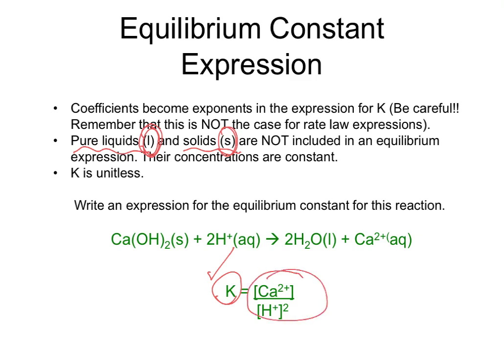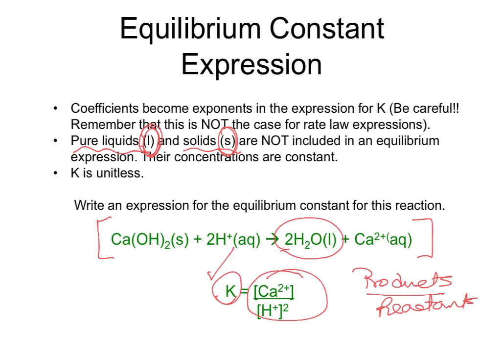All right, so for example, let's say that I gave you this balanced chemical equation and I asked you to write an equilibrium constant expression. Remember that it is products over reactants. So let's look at the products first. Okay, we have water as one of our products.